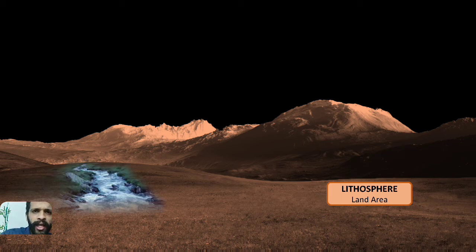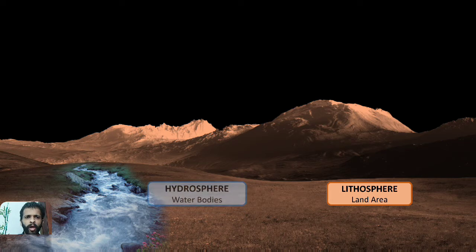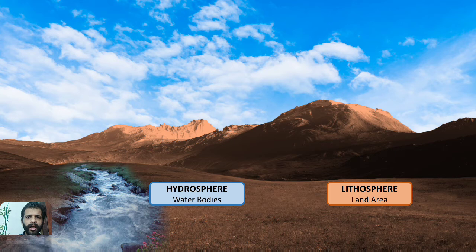The other thing that is present is water, which is called the hydrosphere, and that is all the water bodies that are there. So land area, water bodies, and the entire atmosphere, which is making it a white and blue combination, is called the atmosphere, the air, right?